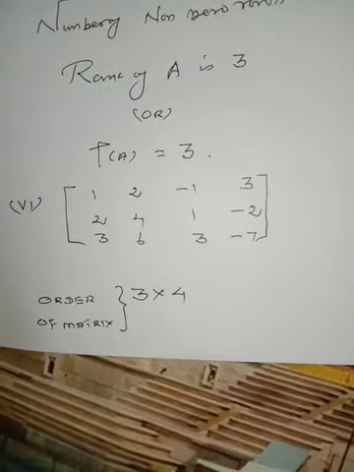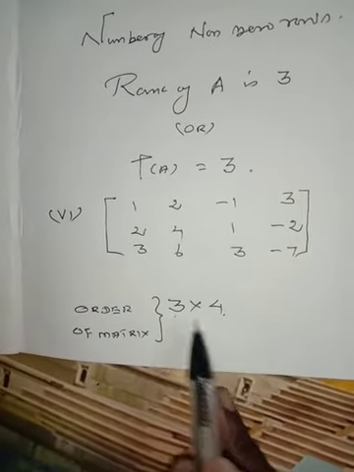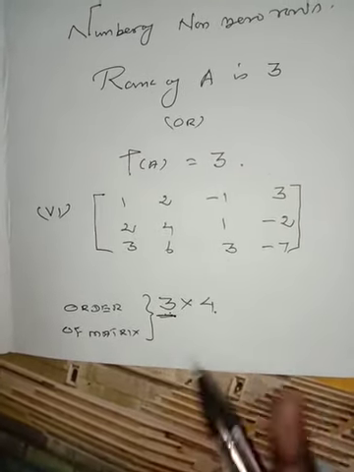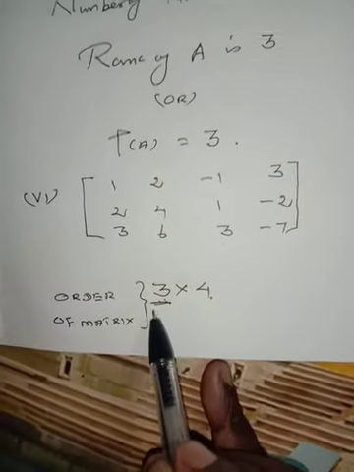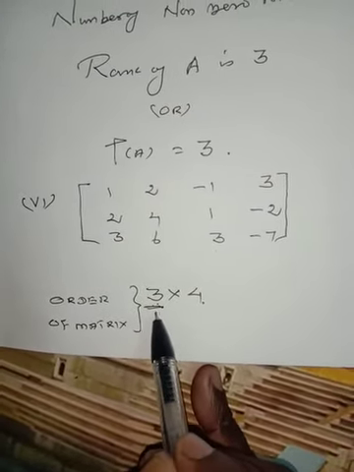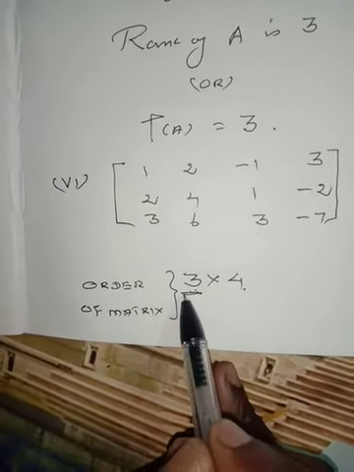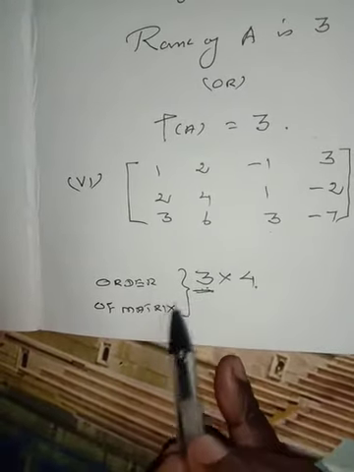very, very useful for this problem. 3 cross 4 is given. The minimum number is 3. So, suppose we find the rank using the echelon form, the rank of the matrix is at most 3; 4 is the maximum number. We take the minimum number, 3. Otherwise 2, otherwise 1.